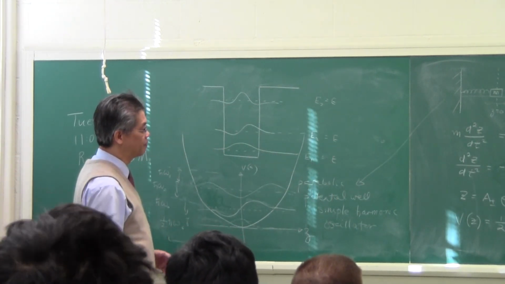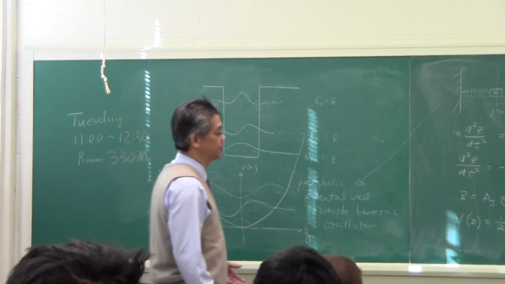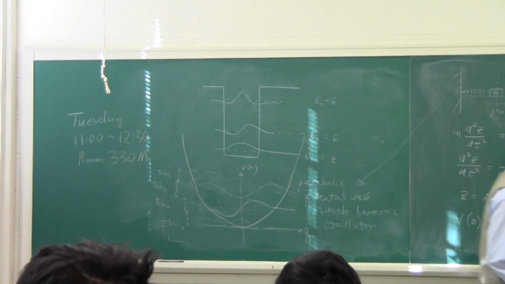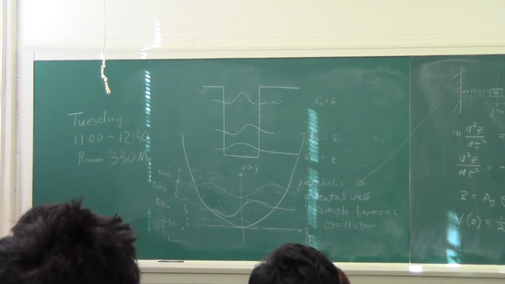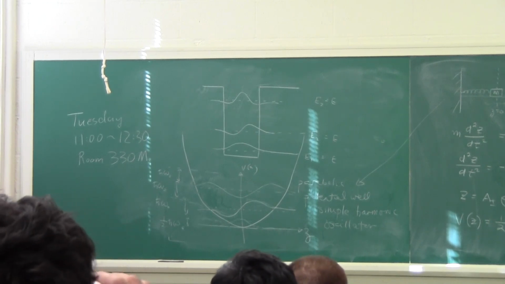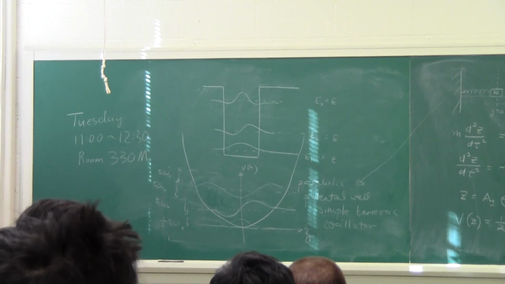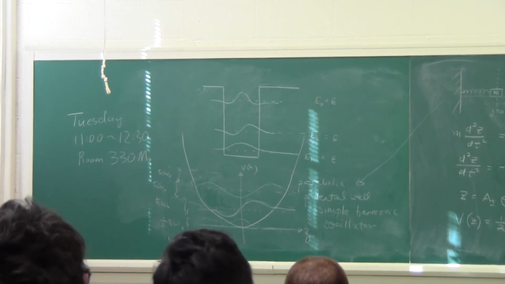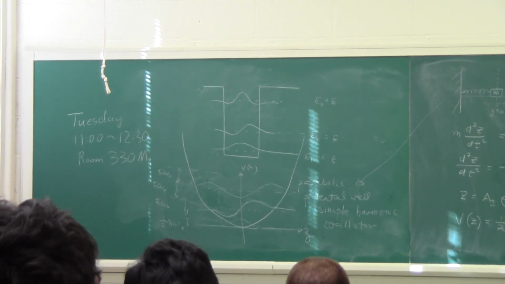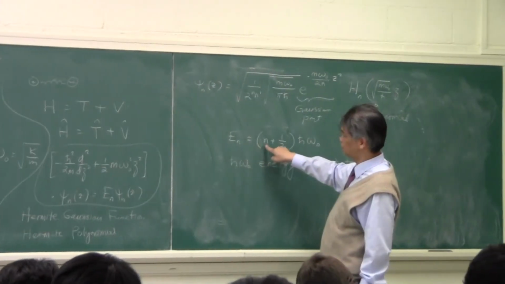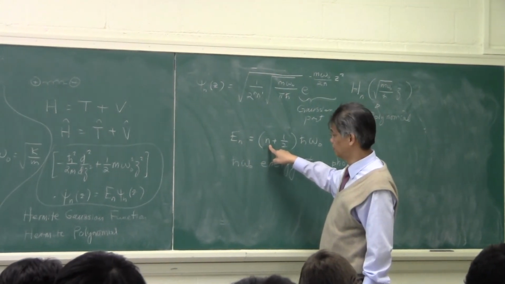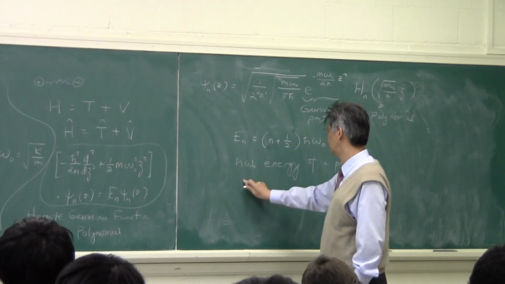Because of this, we often associate this energy with the energy of a photon, and then we think of this as if there are n photons in this system.